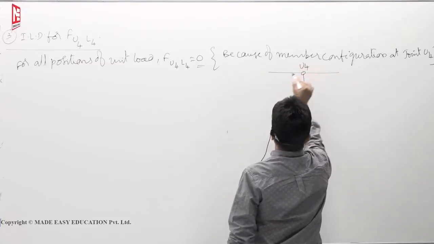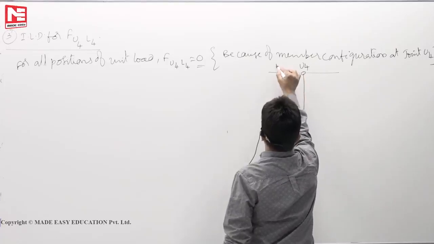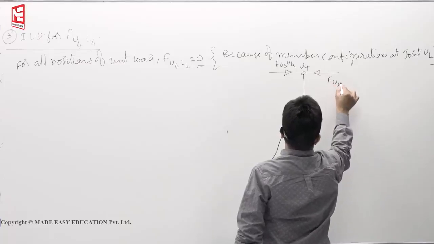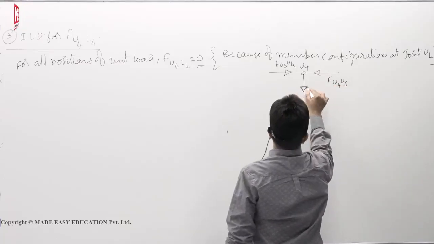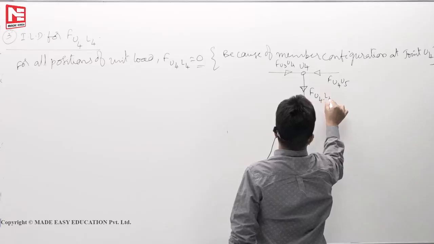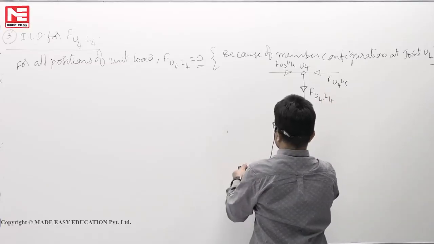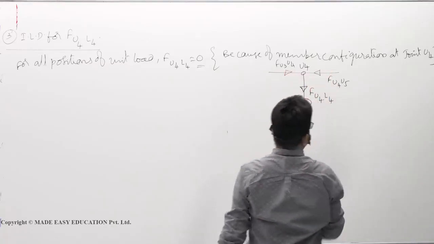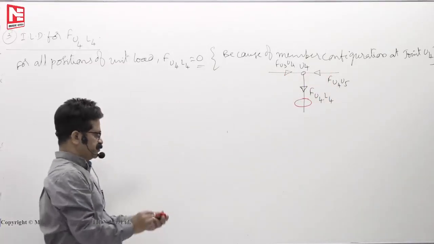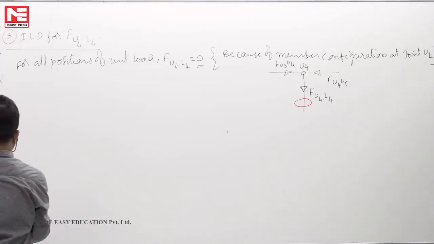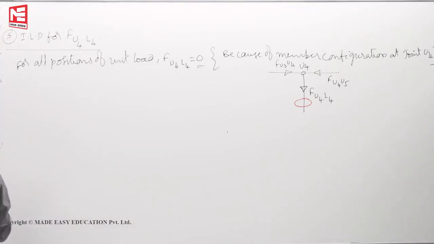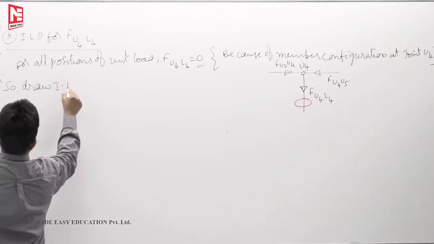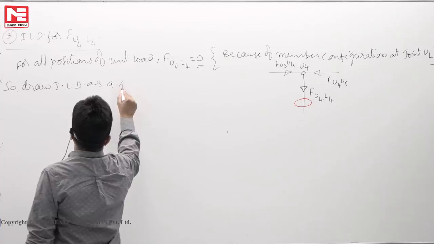This is U4, this is F U3 U4, this is F U4 U5, and this is F U4 L4. If three members are meeting at a joint, and two members are collinear, the force in the third member is 0. Okay, because of that, draw the ILD as a straight line.